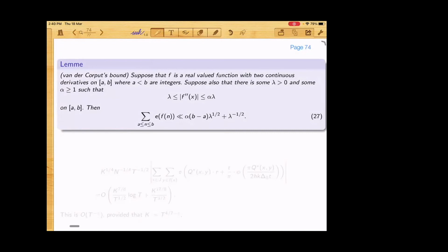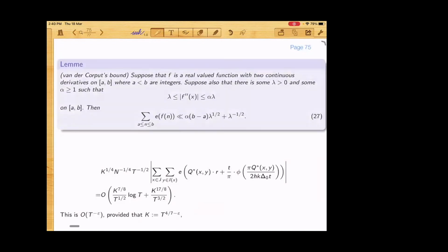So then the final estimate comes out to be, this was there before, and then we managed to save something more, and finally we got k to the power 7/8 by t to the power half log t plus t to the power k to the power 17 by 8 and t to the power 3 by 2, which is O of t to the power minus epsilon, provided k is about t to the power 4/7.